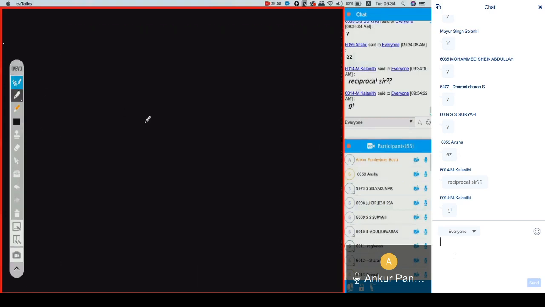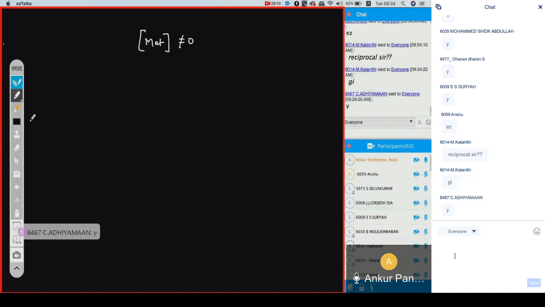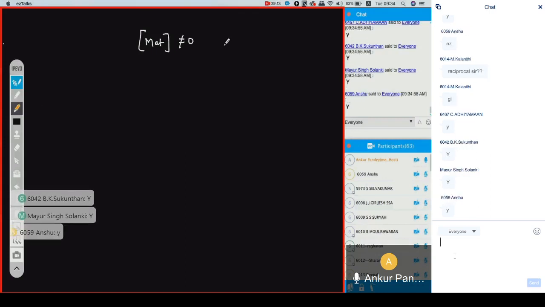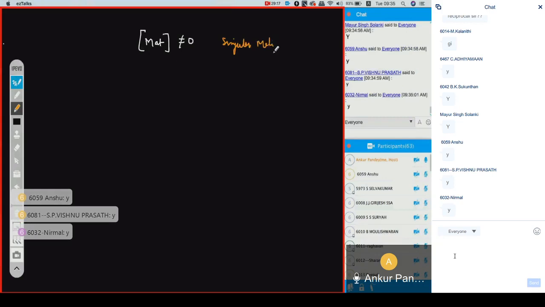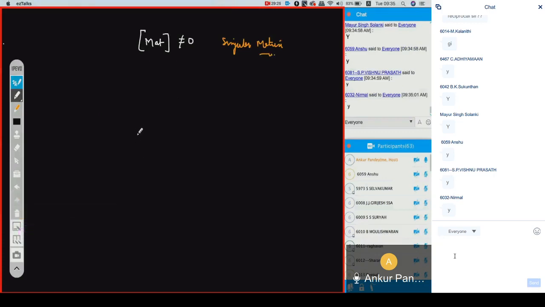Now you very well know that for a matrix to be invertible, the determinant of the matrix should not be equal to 0. Yes or no? A matrix whose determinant is 0 is called a singular matrix, right? So for what value of lambda is the matrix invertible?